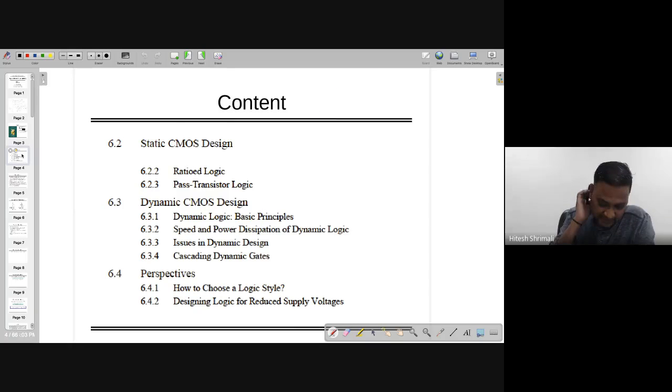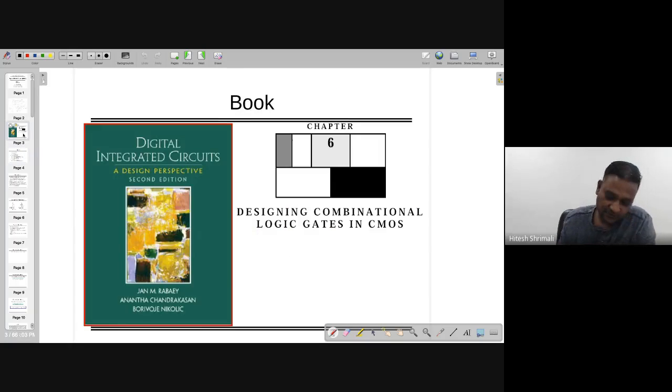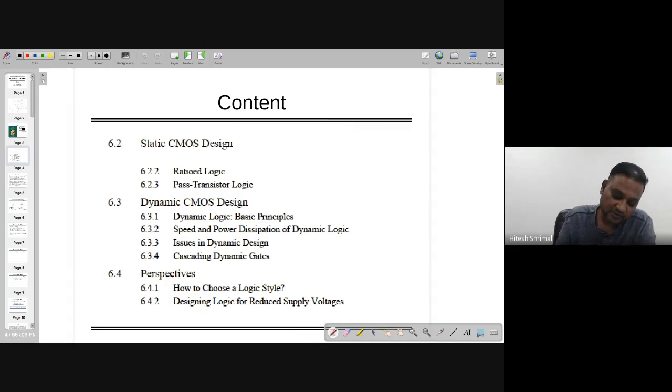So let's start with the next topic of chapter 6 from Rabaey. I am following only one book for this entire chapter, which is Rabaey. I have not written here that 6.2.1.1 is nothing but the CMOS logic gate, which we have learned through the CMOS technique, where power up and power down networks were there.